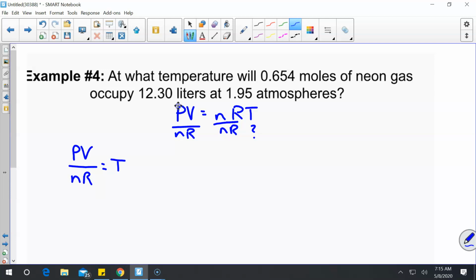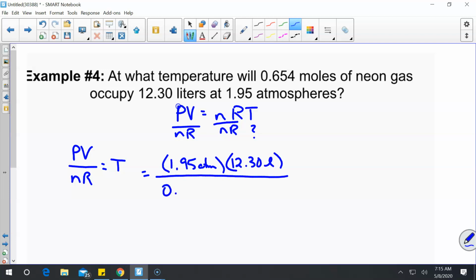So I just need to fill in my variables. My pressure is 1.95 atmospheres. My volume is 12.30 liters. Over my moles, which was 0.654 moles. And then my R value, since I'm in atmospheres, I'm going to have to use the one that has atmospheres in it.